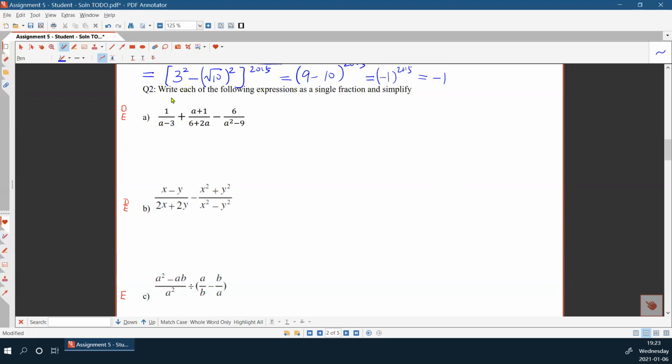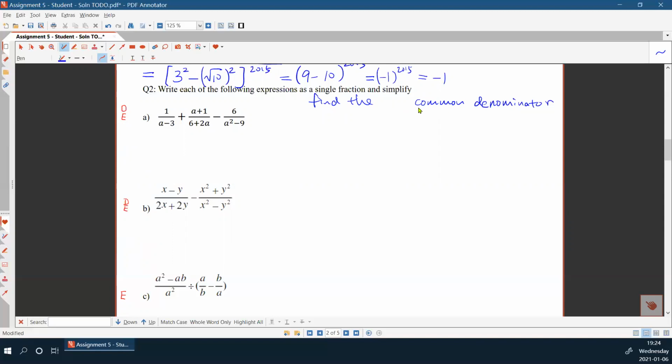Okay, when you see a question like this, when you want to write something as a single fraction, the first thing in your brain should be, I need to find the common denominator, okay?